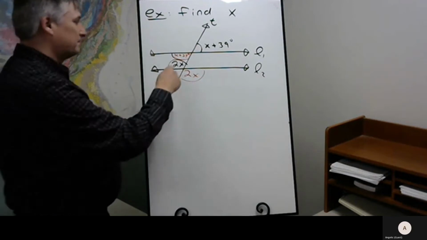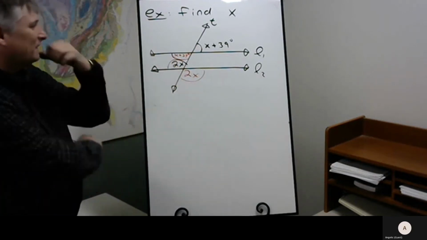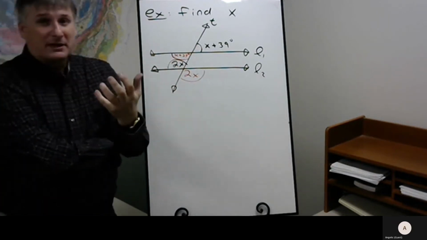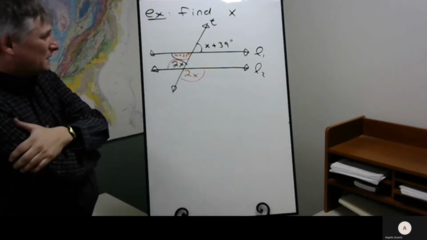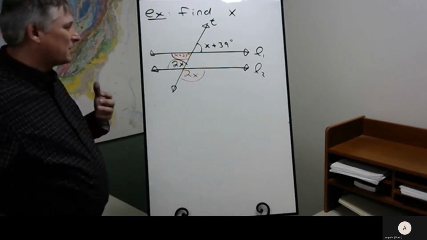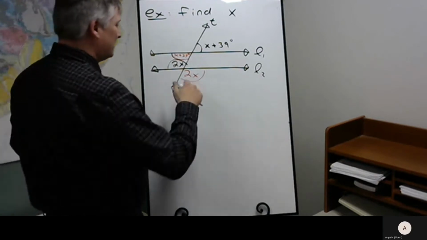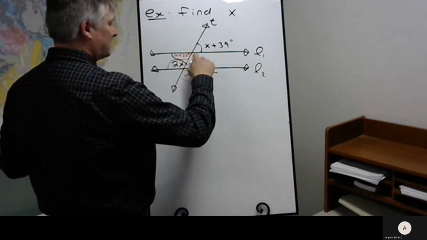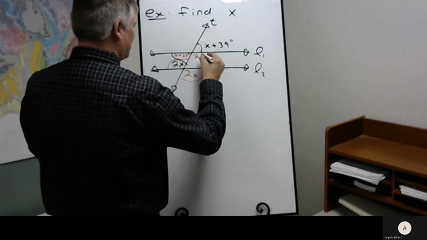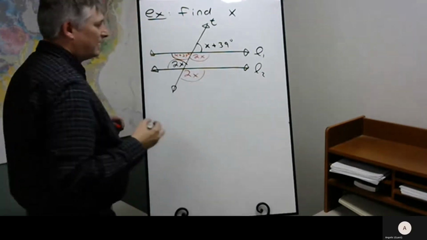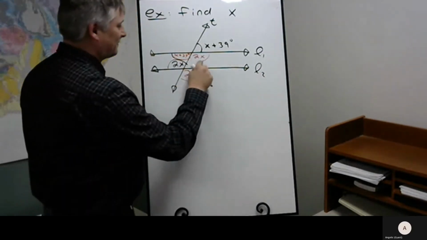Now, that doesn't seem to get us anywhere. There's no rule for adding these two angles. So at least you don't have enough information. So what we could do is let's use our opposite interior, or alternate interior. So 2x is here, the alternate interior is this. And now we're somewhere.